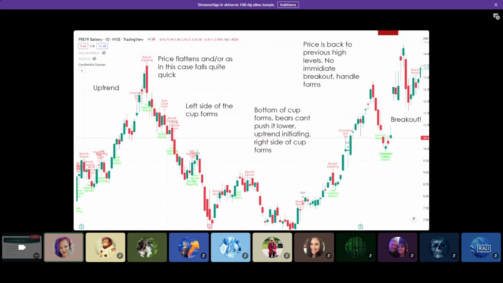Like you see an uptrend, then your price flattens or, as in this case, falls quite quick. The left side of the cup forms, the bottom of the cup forms, bears can't push it lower, uptrend initiating, right side of the cup forms. Price is back to previous high levels, no immediate breakout, your handle is formed, and then you see your breakout.